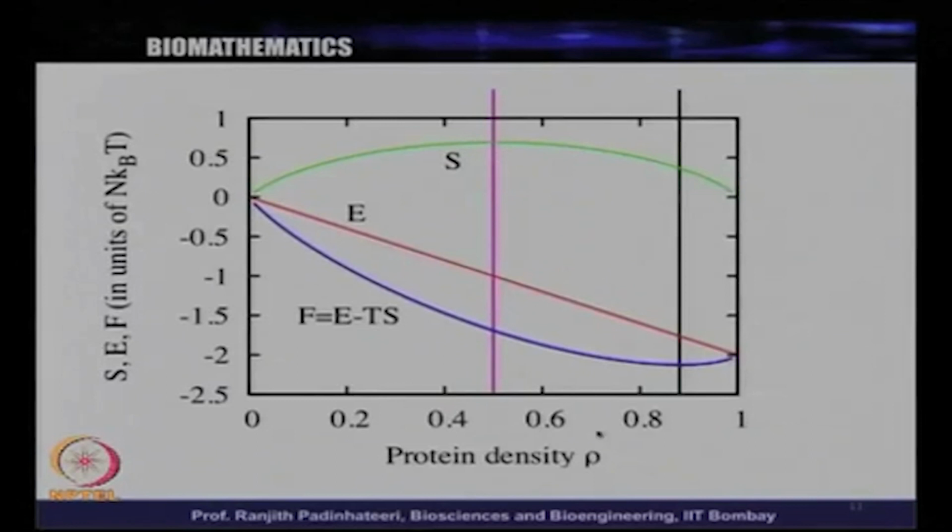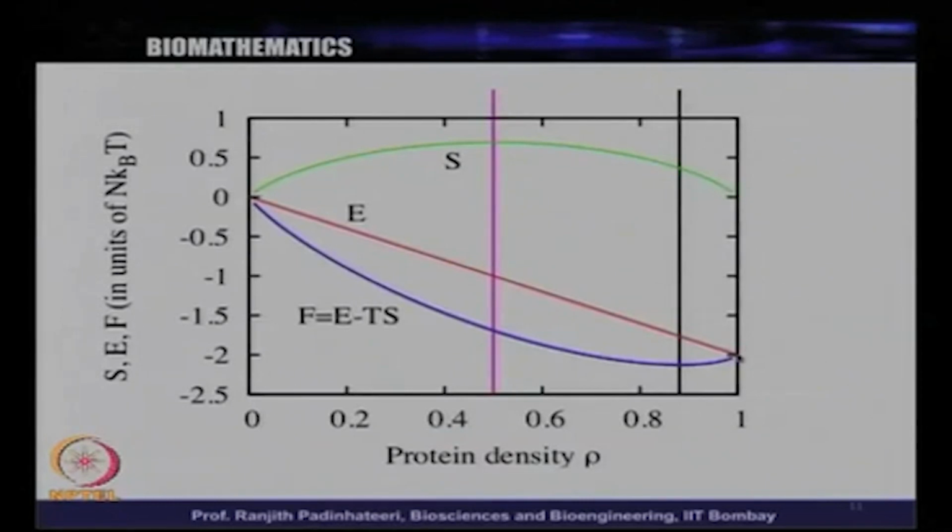The pink vertical line represents the value of rho for which the entropy is maximum. The black vertical line represents the value of rho for which the free energy is minimum. So, it turns out to be around 0.88. And this 1 is the value for energy, for which the energy is least.